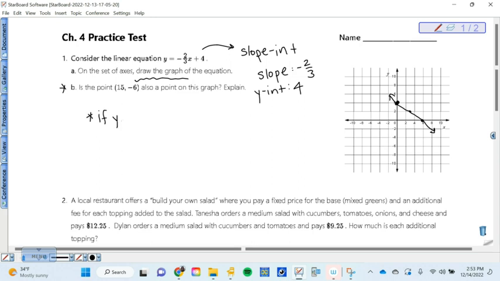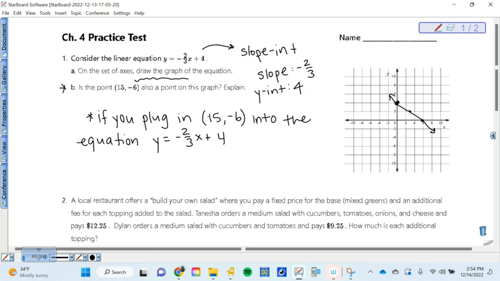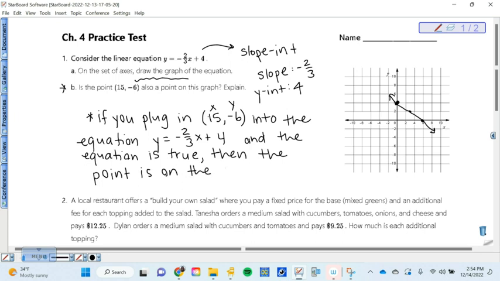If you plug in this point, 15, -6, into the equation y equals -2/3 x plus 4, if you can plug this point in, x and y, into this equation, and the equation is true, then the point is on the line. That's all I'll tell you for that.